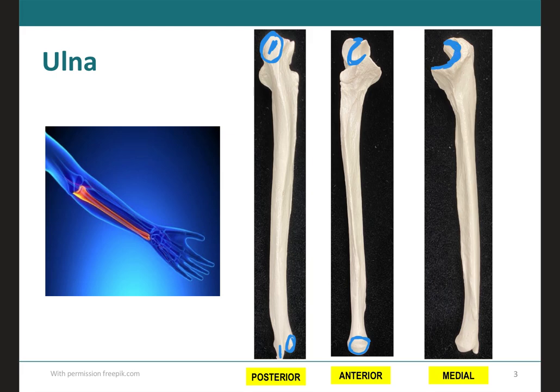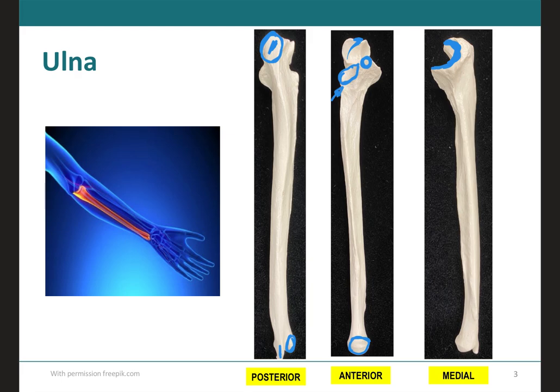And then there's this little thing that sticks out, which is called the coronoid process, located anteriorly. Another bone feature that we can see on this anterior view is this flat part over here, which is called the radial notch. I will talk more about the radial notch when we get to the radial ulnar joint, but for now, you just need to know that this flat area over here is the radial notch.